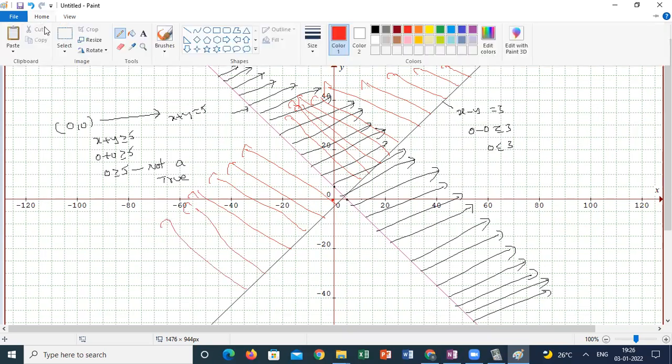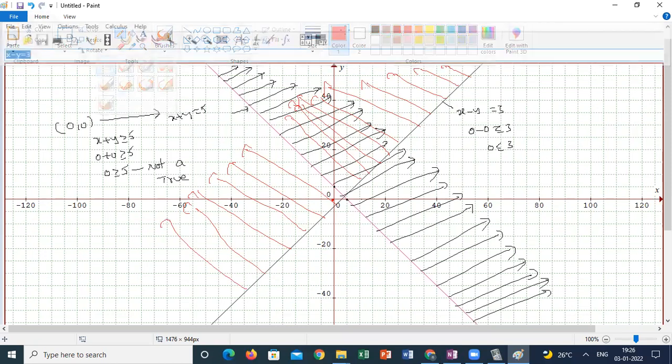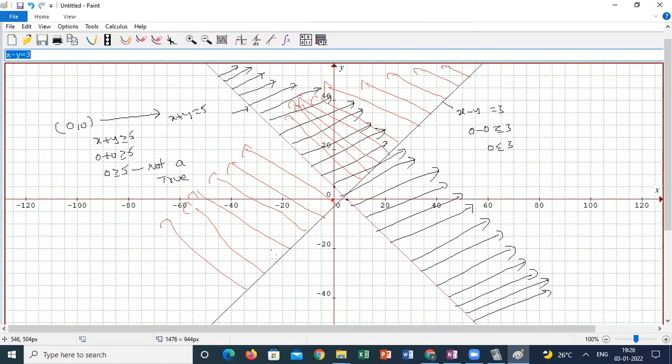Suppose I take the regions. There are 4 regions. This is the first region, this is the second region, this is the third region, this is the fourth region. In region 1, the points satisfy only the second equation. In region 3, the points satisfy only the first inequality.